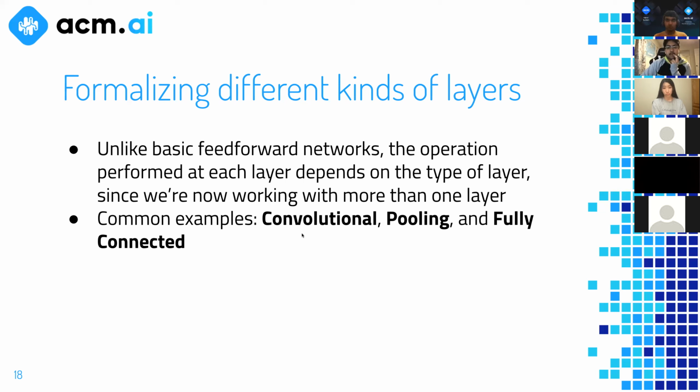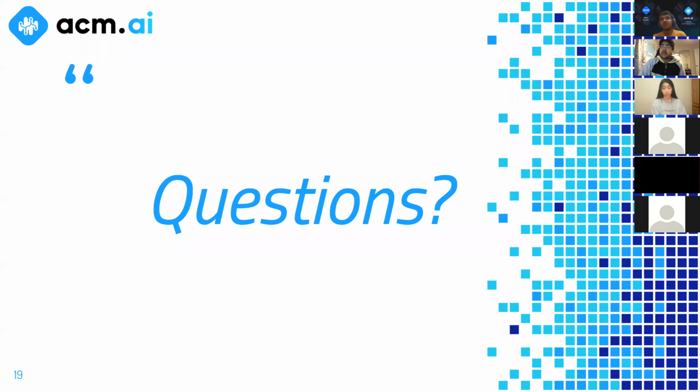However, we want to be able to do more complicated operations, and thus this has motivated a need for other layers like convolutional layers, pooling layers, and of course our fully connected layers. But there are other layers out there that are really important to understand to broaden the scope of what we can do. Any questions about setting the stage for what CNNs are in general?